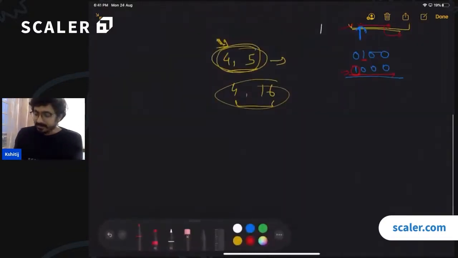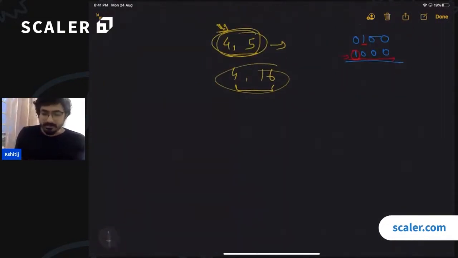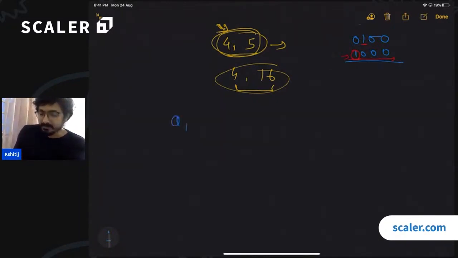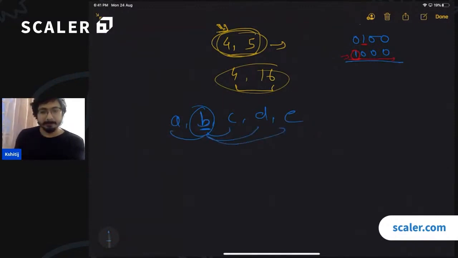Ideally, if I am given a list of numbers, and I select a number out of that list, and I want to find out the minimum XOR of that number with any of the given numbers, which number is going to give me the minimum XOR with this number B?